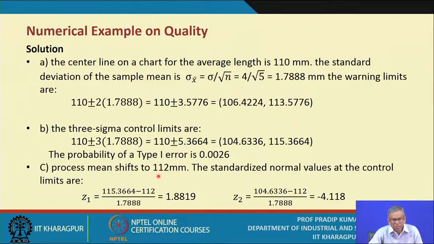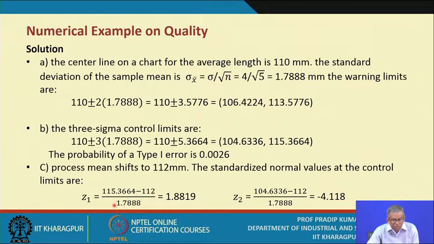The next problem is that the process mean has now shifted to 112 millimeter. There could be many reasons. So, the standardized normal values at the control limits are, so Z1 is 115.3664 minus 112, that is the changed value of the mean.